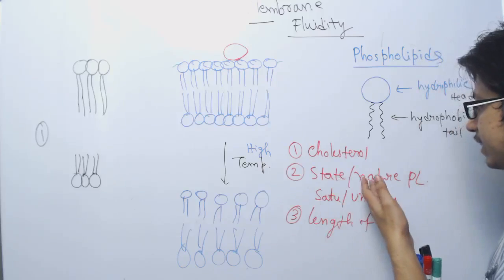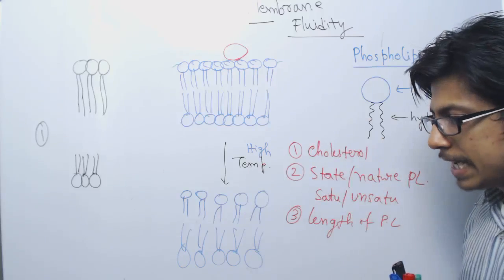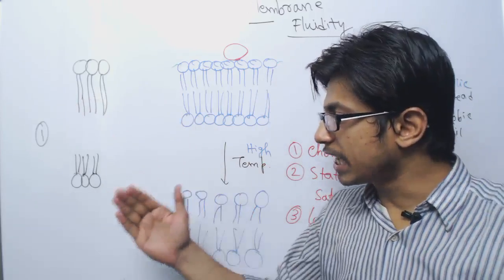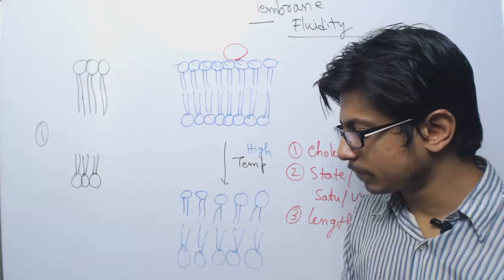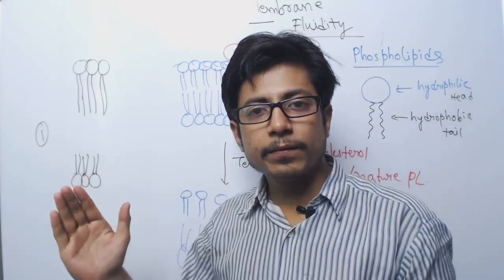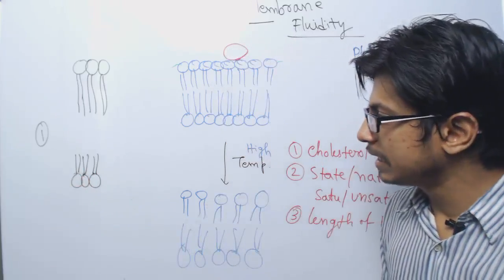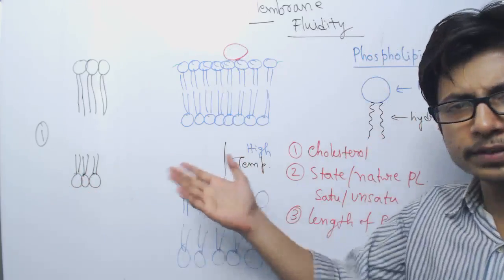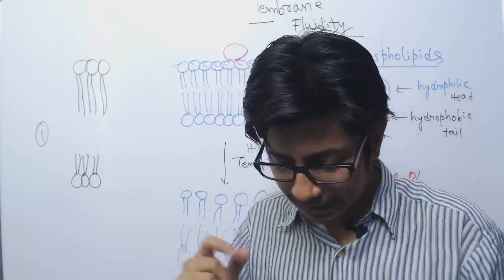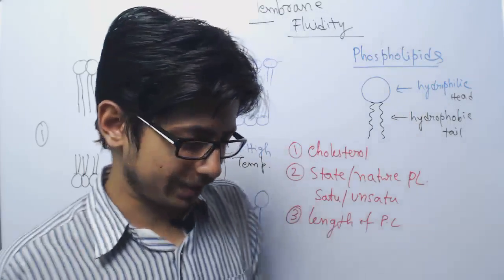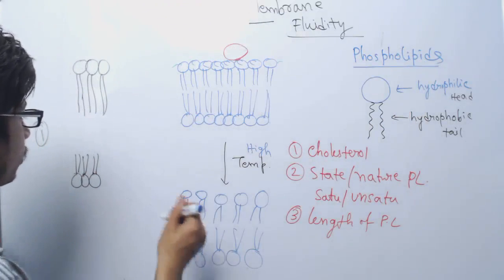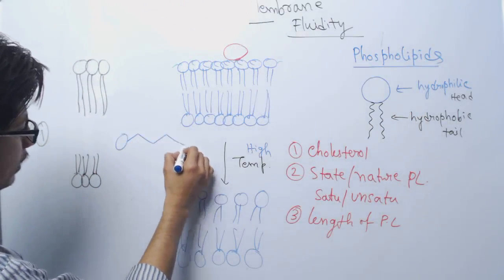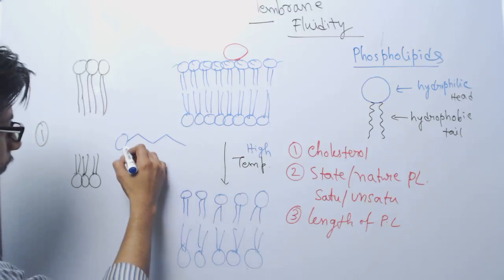Second is the state or nature of the phospholipid. Now the phospholipids that we know can be of two different types, saturated and unsaturated. The difference is, in case of saturated fatty acids, if we choose any kind of saturated fatty acid, let me explain from this angle, that in saturated and non-saturated they have different types of kinks, okay, like this.